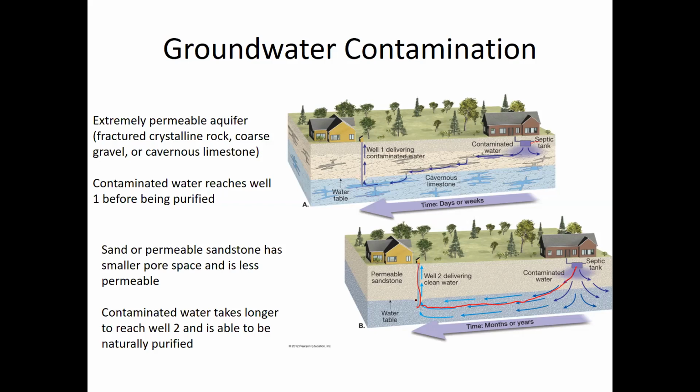And by that time, all the microbes, all the biological agents have died because they've run out of food or the conditions are inhospitable. So all the biological agents are neutralized. However, if the subsurface is too permeable, where the water flows too quickly, it can make it to that well before it's purified, and then you have contaminated drinking water.